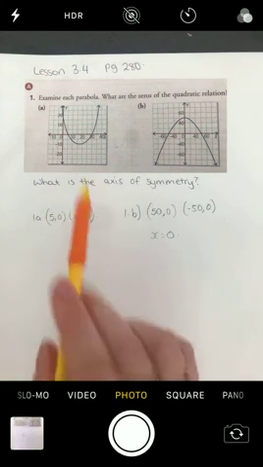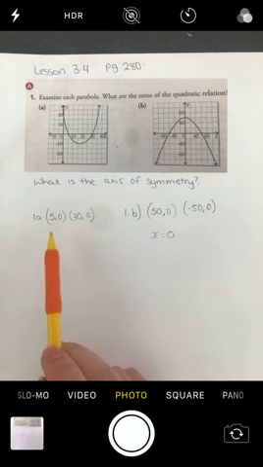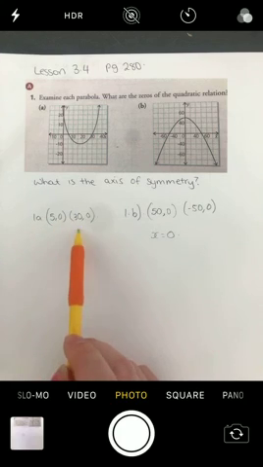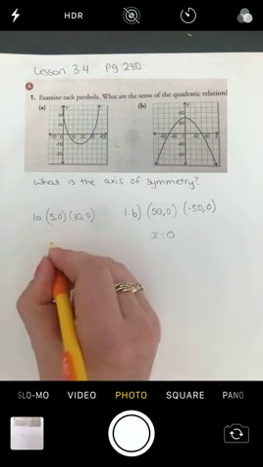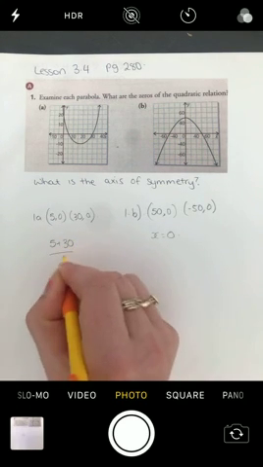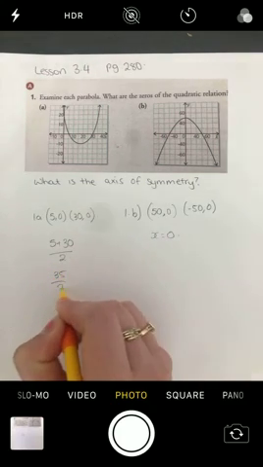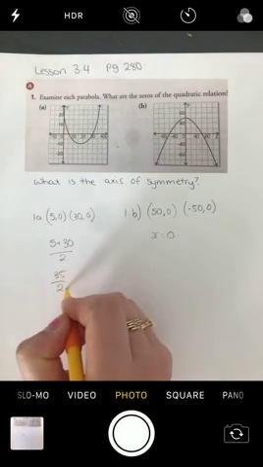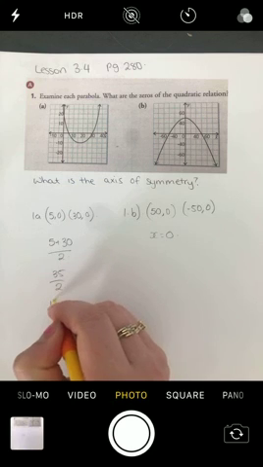So there is an equation that we can use, which is adding our two zeros together and then dividing by 2. So 5 plus 30 divided by 2 would be 35 divided by 2, which gives us 17.5.